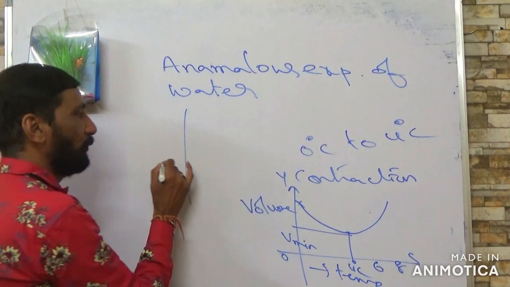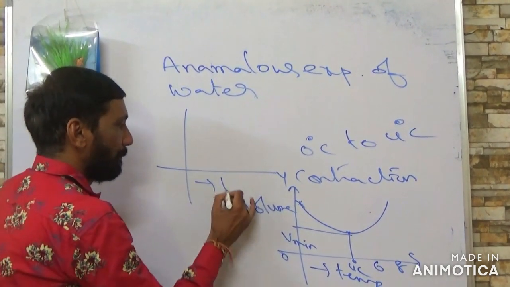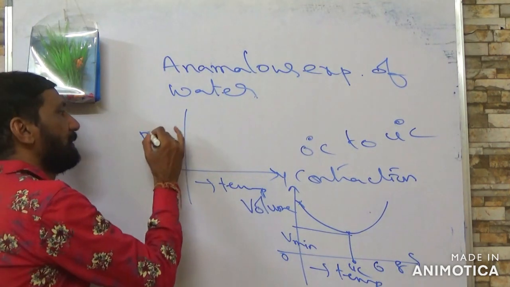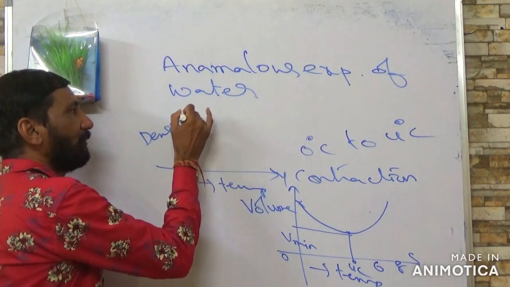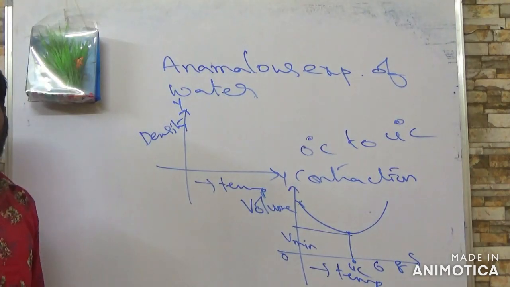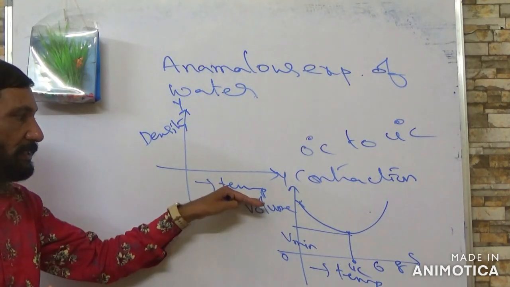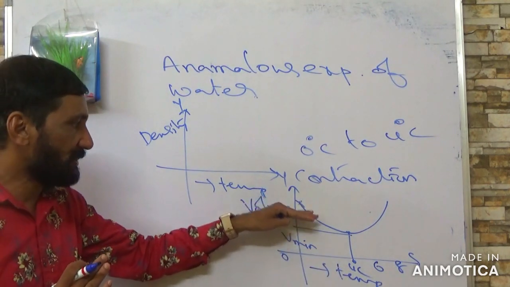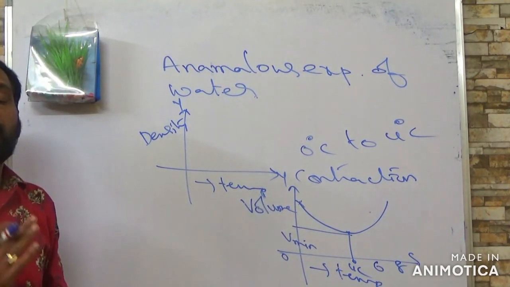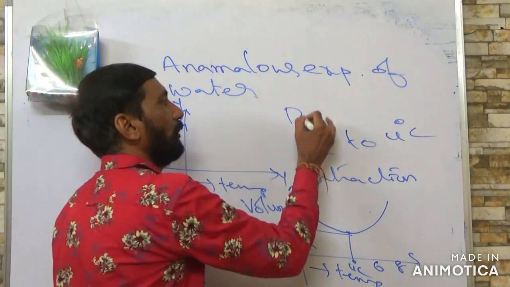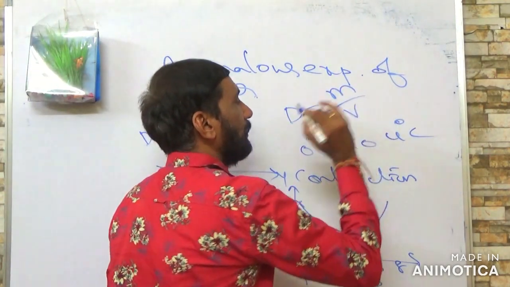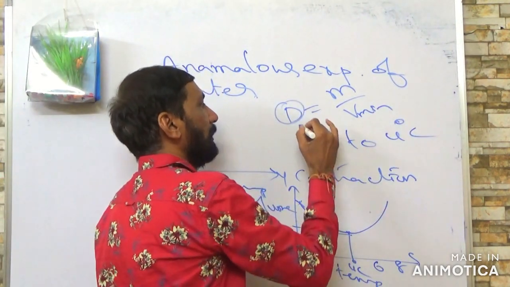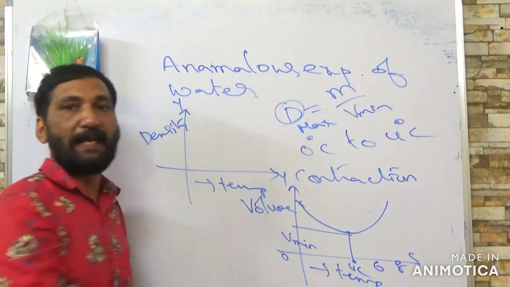Density-wise, if temperature is taken along the x-axis and density along the y-axis: as you increase the temperature between 0 to 4, volume is decreasing, so its density will increase, because you all know density is mass upon volume. At minimum volume, density is maximum.